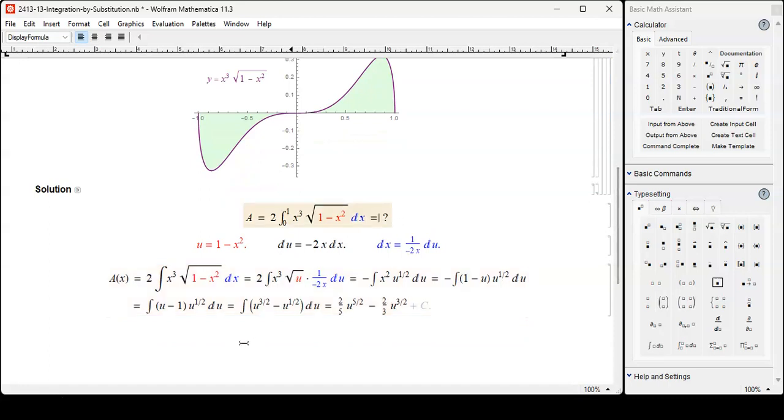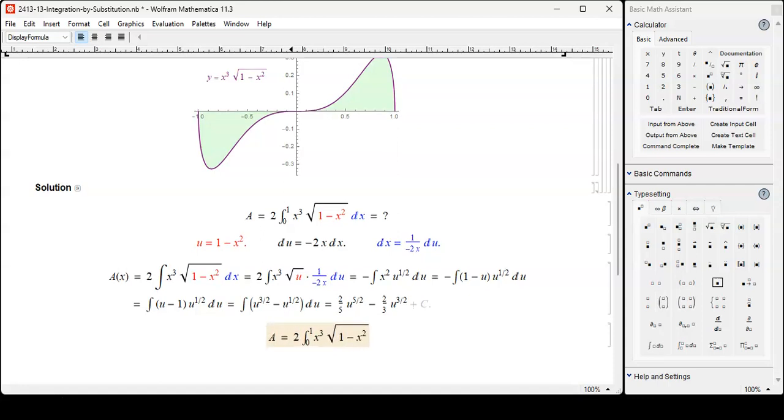Okay, let's go ahead and find out the area. That is twice the definite integral from 0 to 1 of x to the 3rd power square root of 1 minus x squared dx. So this is the indefinite integral, this one here. Oh, excuse me. I did not complete this problem.